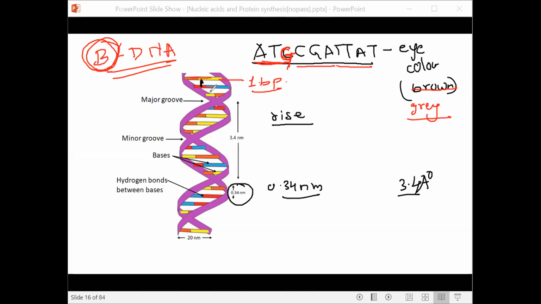On further microscopic study using crystallography, spectrometer, and other devices, we found that the gap is approximately 0.34 nanometer. And this is one base pair. So rise is the distance between two base pairs in a DNA. That is your rise.